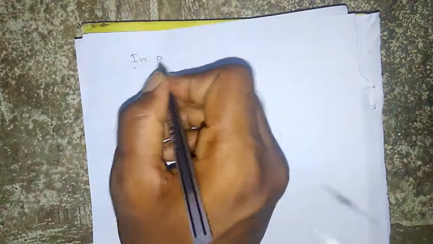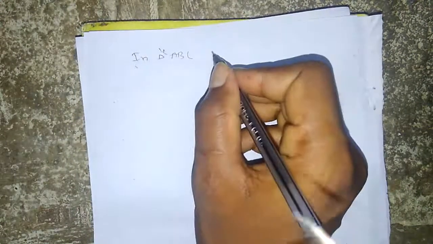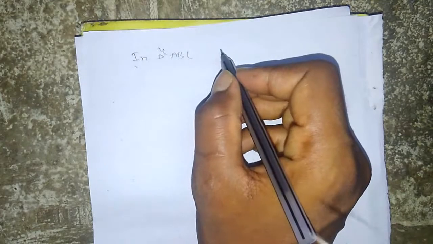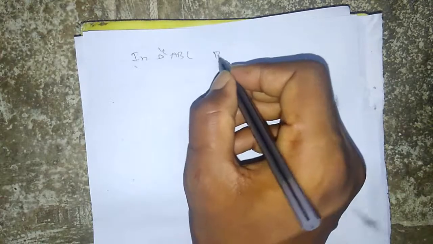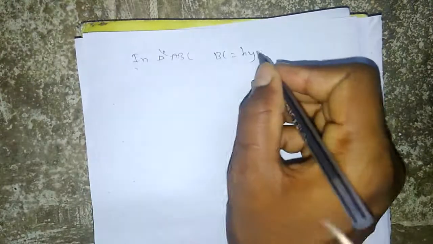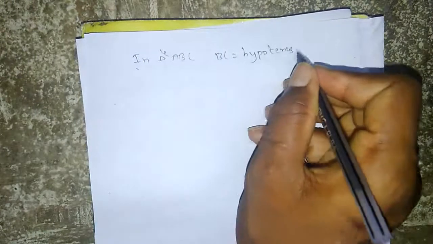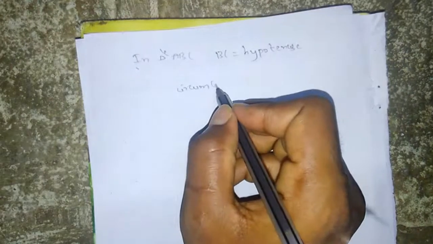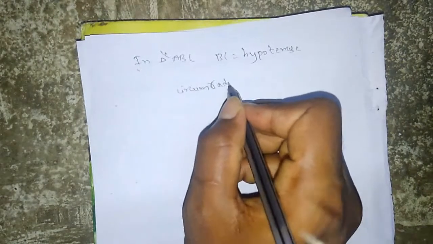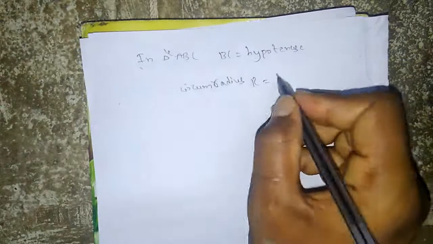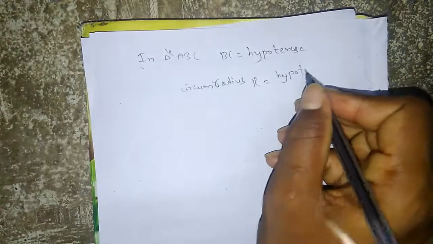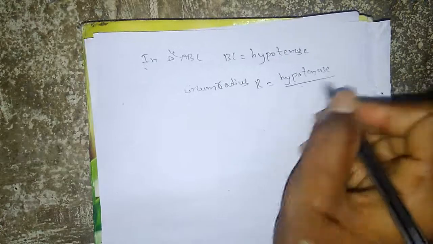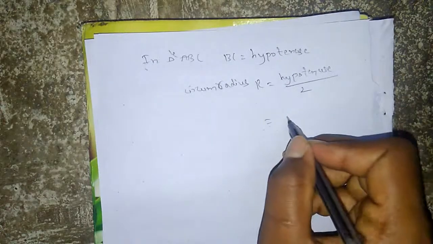In a right angle triangle, BC is hypotenuse, circumradius capital R is equal to hypotenuse by 2, that is BC by 2.